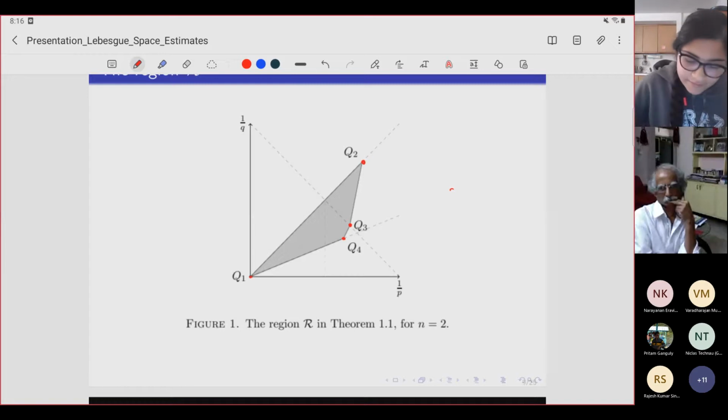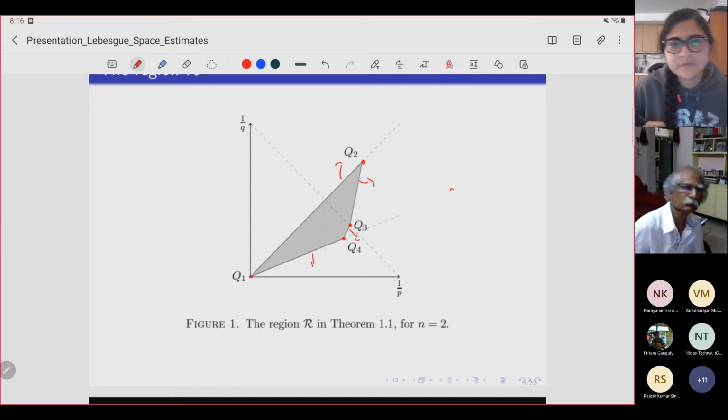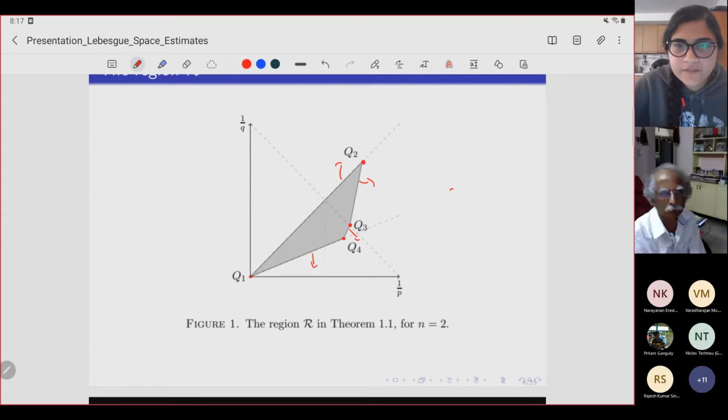We do this by coming up with counterexamples corresponding to each of the edges, which show that you can't go beyond them. So that would be my plan. I would like to talk about those counterexamples first. And then in the time remaining, I would talk about the ideas for the positive result of the theorem.